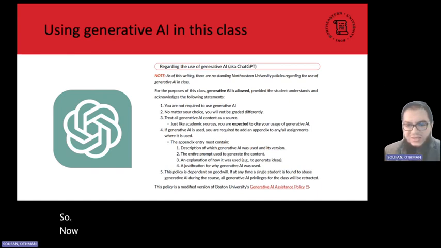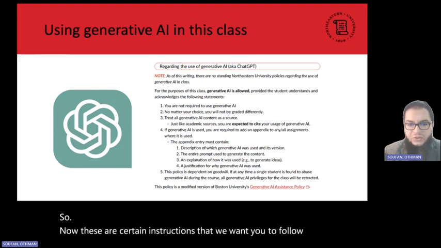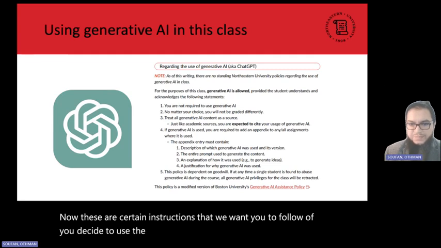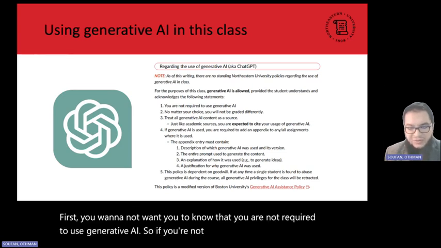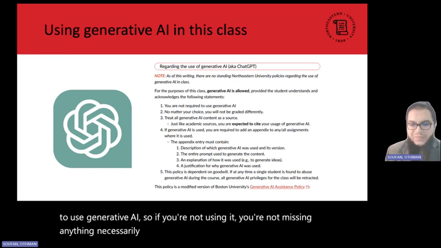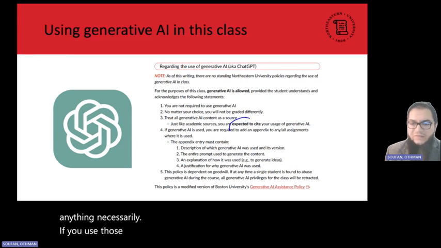Now, these are certain instructions that we want you to follow if you decide to use the generative models. First, you're not required to use generative AI. So if you're not using it, you're not missing anything necessarily. If you use it, you have to cite, you have to mention that you have used it.